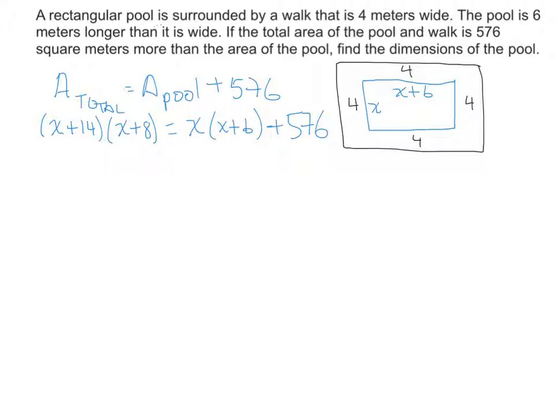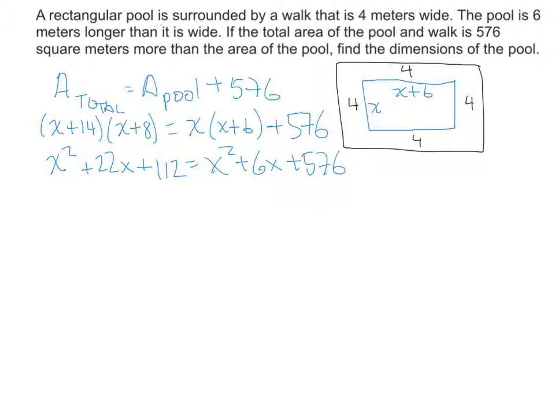If we multiply everything out, this should work out fairly routinely. We're going to get x squared plus 14x plus 8x, which is 22x, plus 8 times 14, which is 112. And that's going to equal x squared plus 6x plus 576.